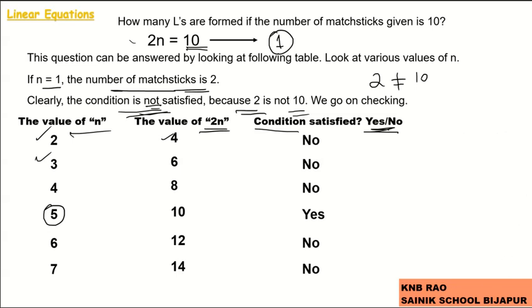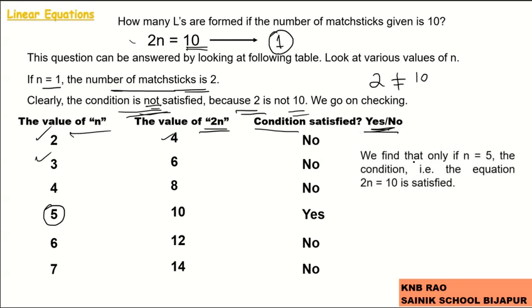Now, coming to the further discussion on this, we find that only if n equals 5, the condition, or let us say this equation 2n equals 10, is getting satisfied.